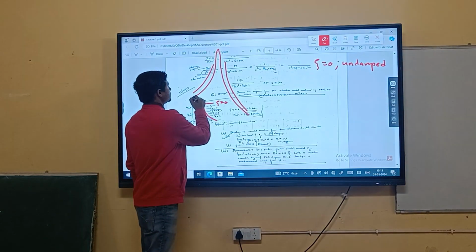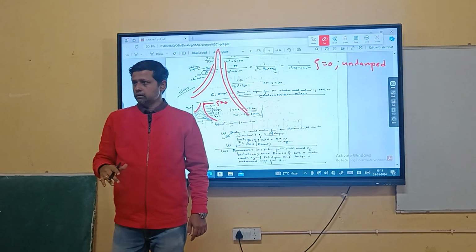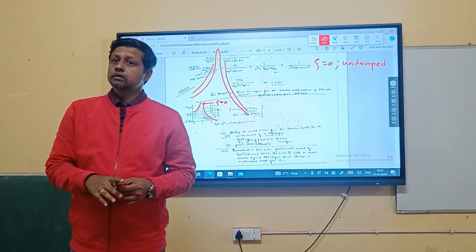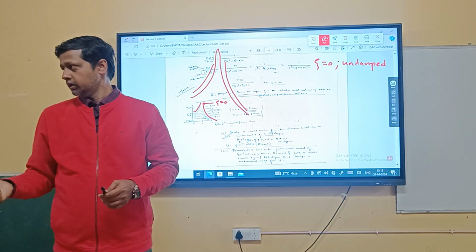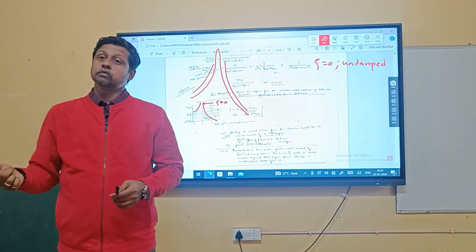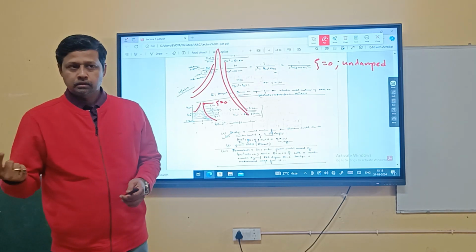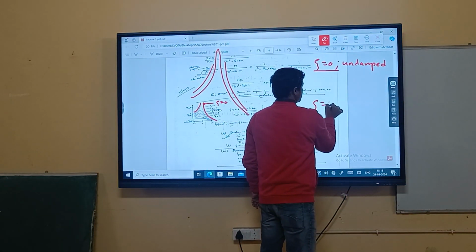That means you are increasing the percentage of damping now. Understand? Higher the damping is, quicker the settling. So therefore, if zeta is equal to 1, ultimate value is 1. 0 is lower limit, 1 is higher limit.